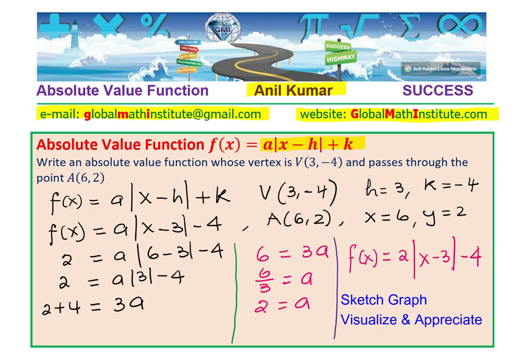I'd like you to sketch this graph also. Perfect. So the a value is positive, which means it is going to open upwards, right? So the graph will be kind of like this, correct? Where the vertex point V is 3, minus 4 and we are given a point 6, 2 somewhere here. Get the idea, right?